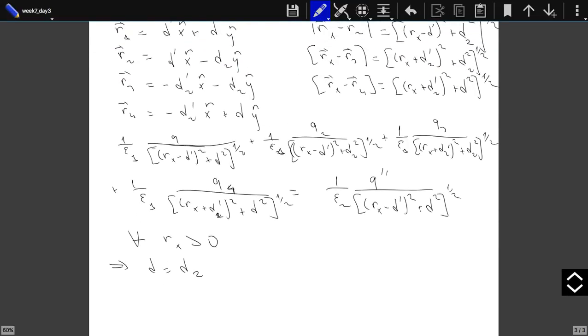So you see the third term and the fourth term, since D and D2 are equal, have exactly the same functional form, which is different than the term on the right-hand side. Since they have the same functional form, we can make sure that they cancel each other.